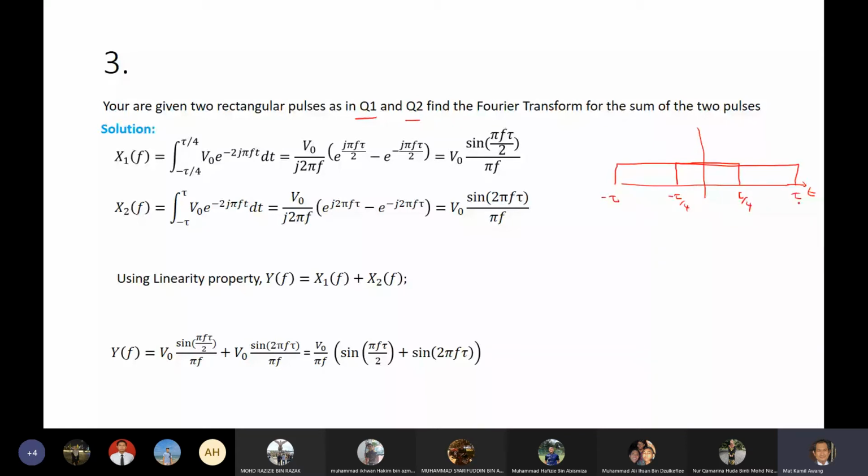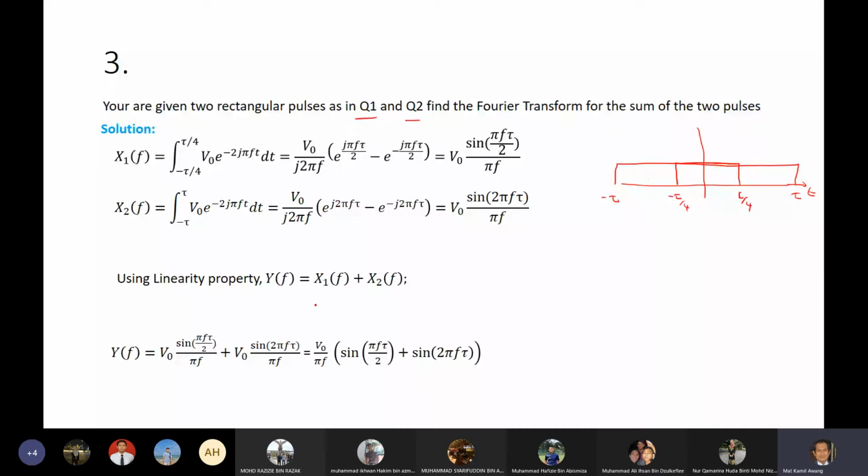So you have these two functions, basically x1(t) and the other x2(t). If you sum these two pulses, what is the Fourier transform for the sum of these two pulses?